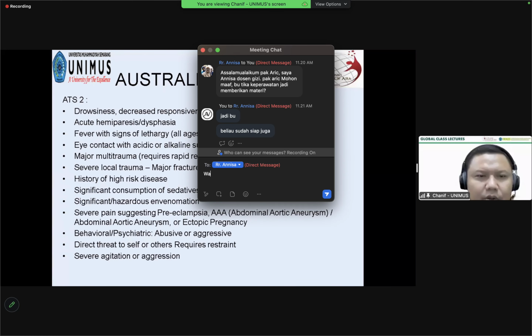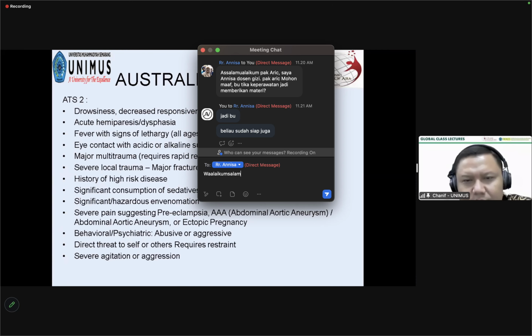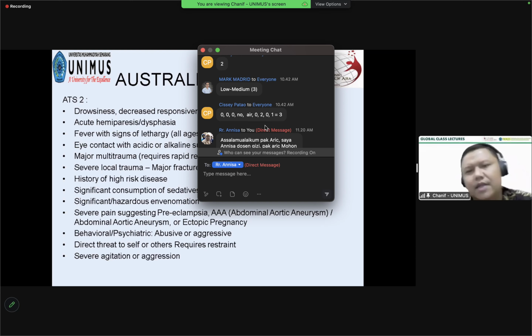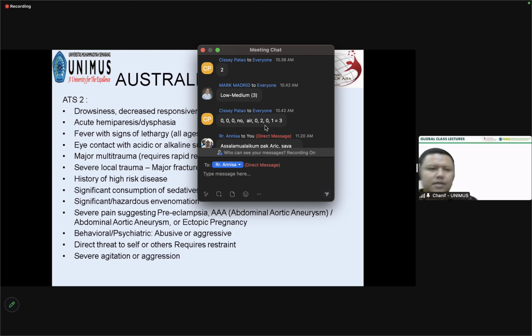Another one is drowsiness or decreased responsiveness, a Glasgow Coma Scale less than 13.